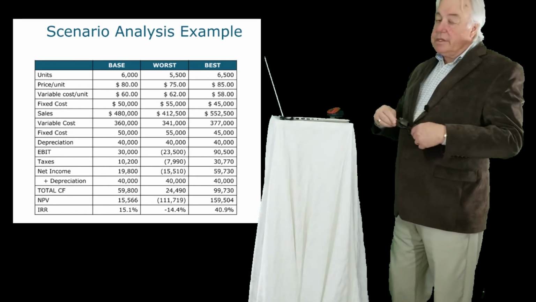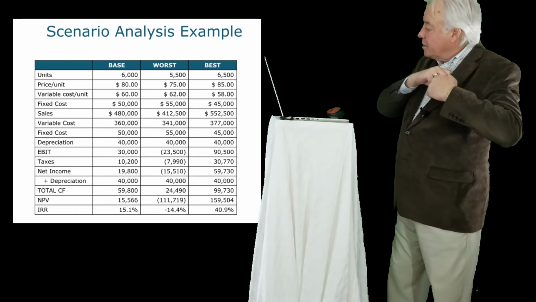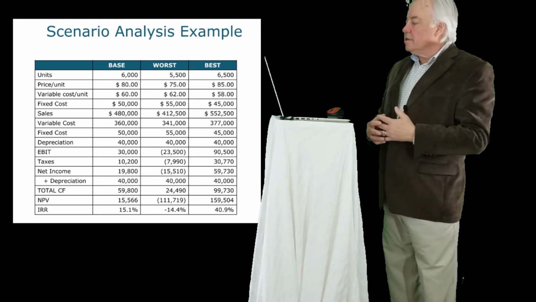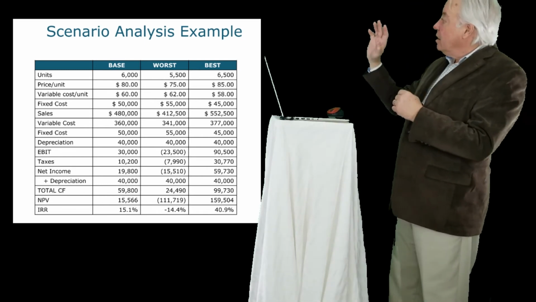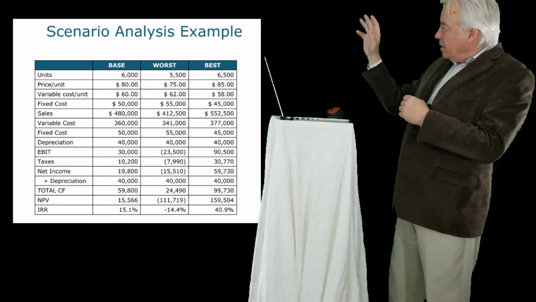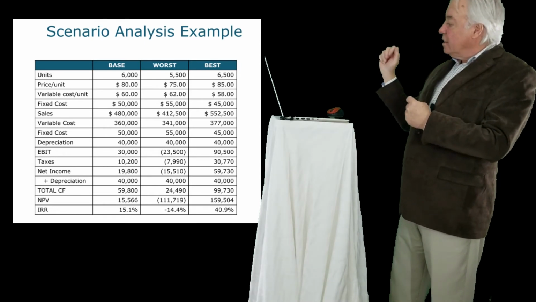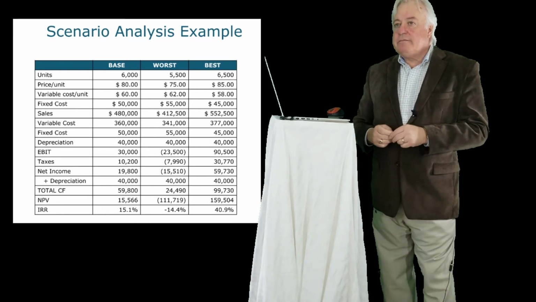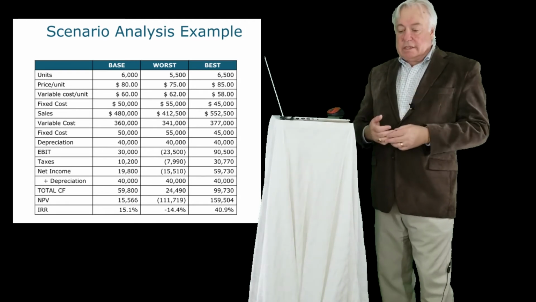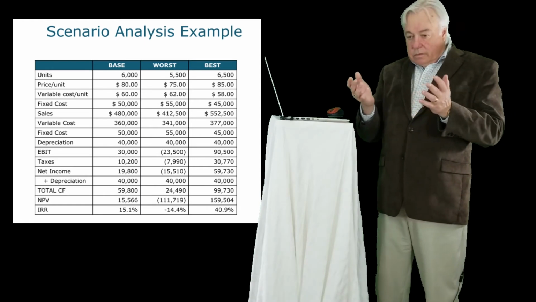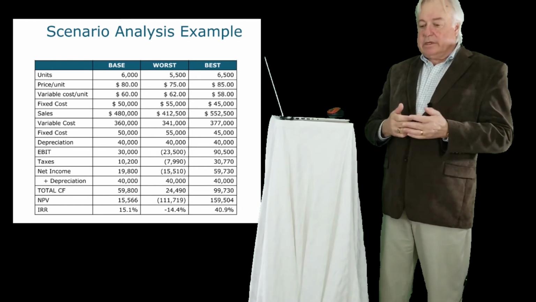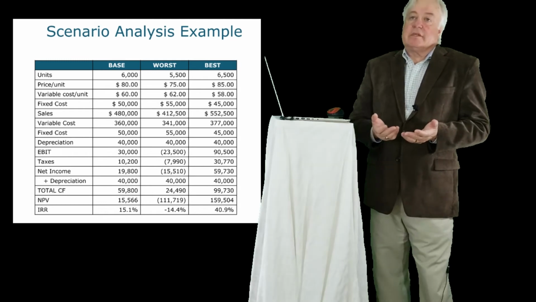Now we can do a sensitivity analysis, which is what this particular chart says. We're going to put together assumptions for, over on the left, the base, and then worst case, and then best case. And we'll put those together and see what the worst case is, what the best case is, and what we can probably expect.